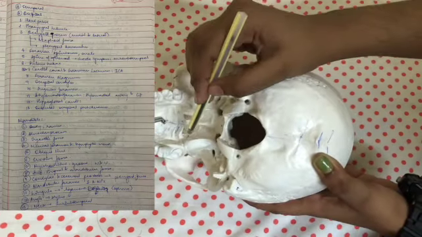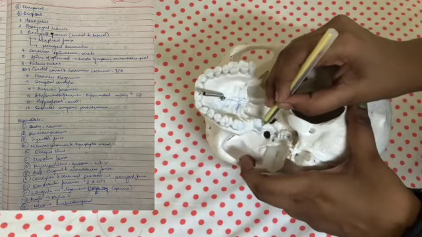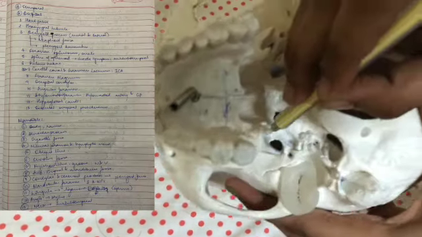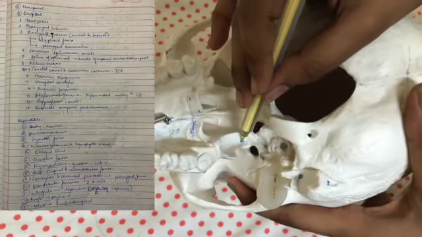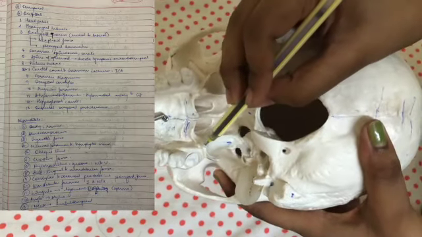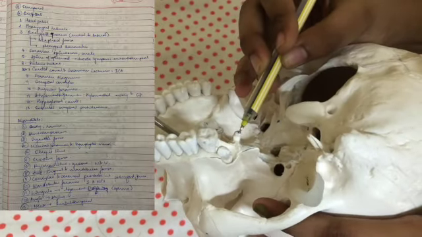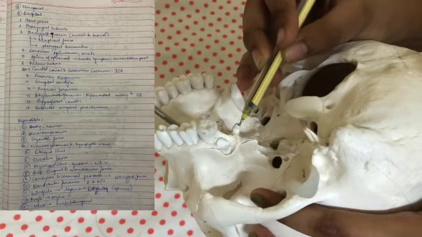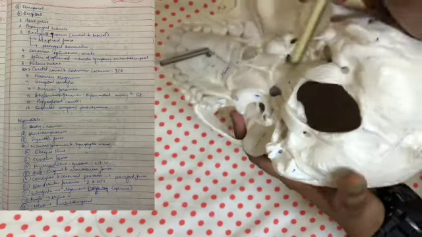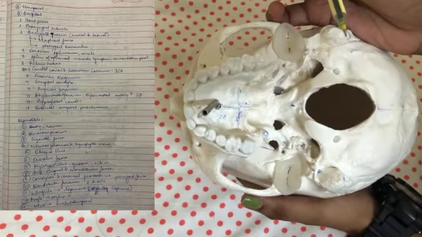Then you also have something known as the scaphoid fossa, which is right here in the upper part of the medial pterygoid process. And you also have pterygoid hamulus. Pterygoid hamulus is a hook-like process of the medial pterygoid process, which is to be seen very prominently. Then we can talk about foramen that you can see here.